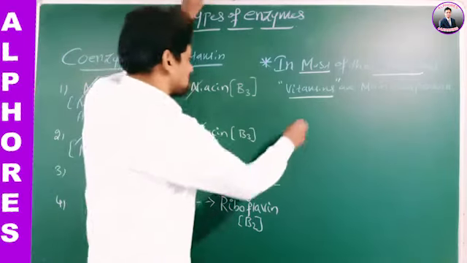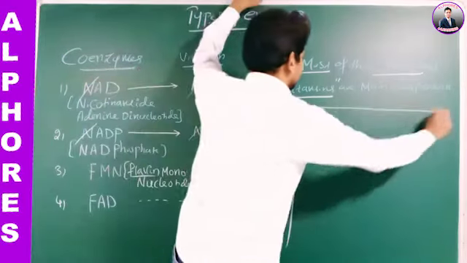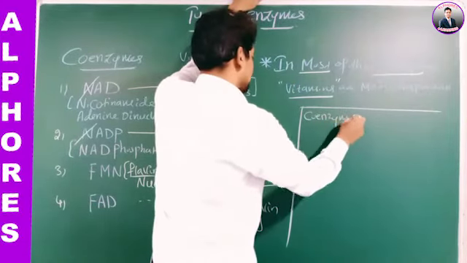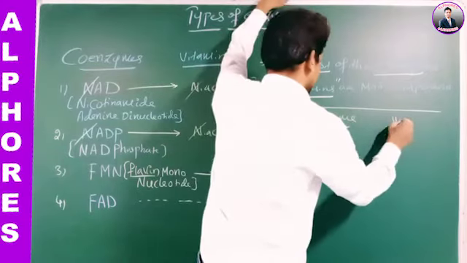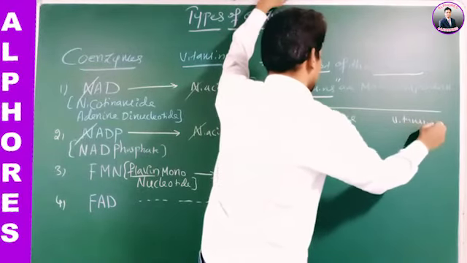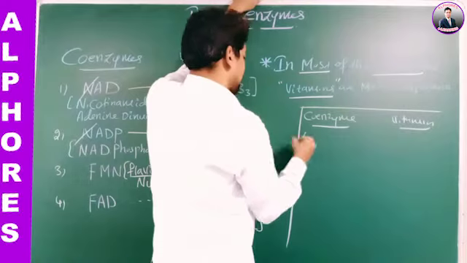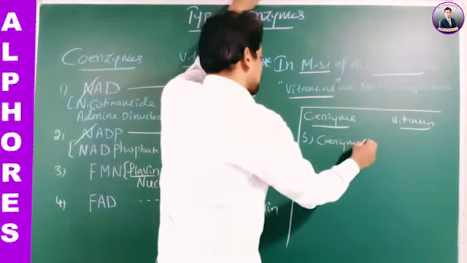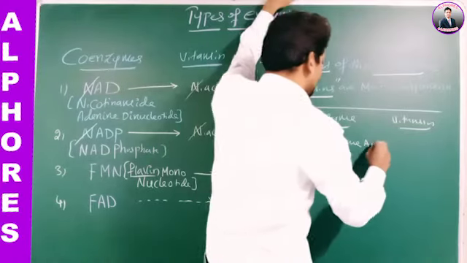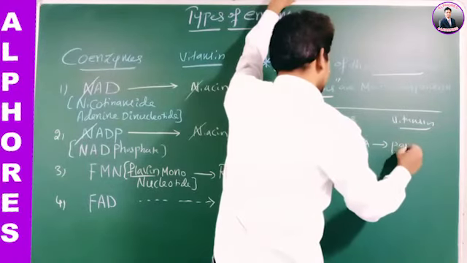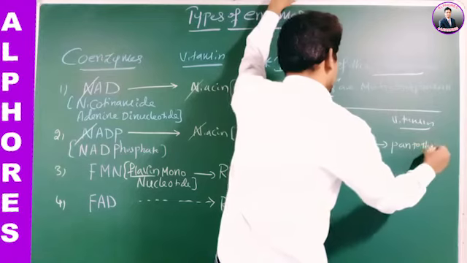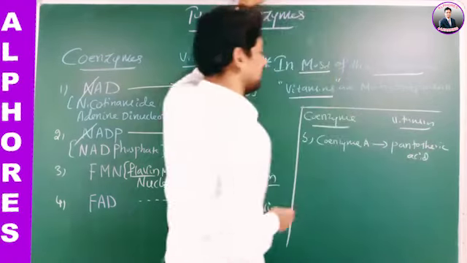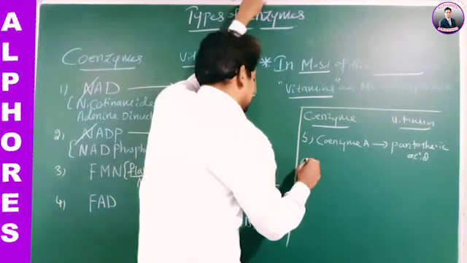Next, number 5: coenzyme A. The vitamin is pantothenic acid.